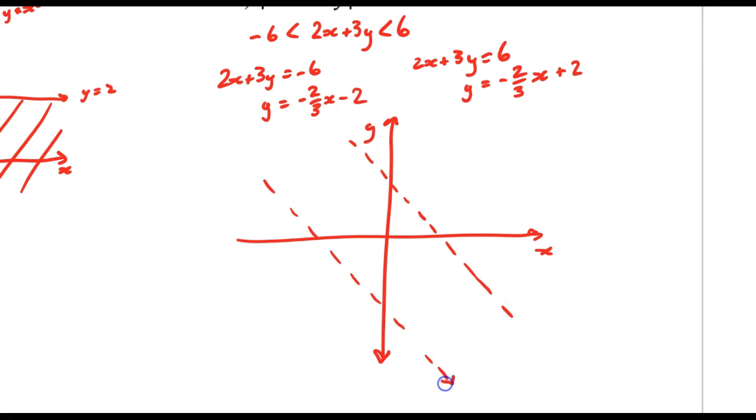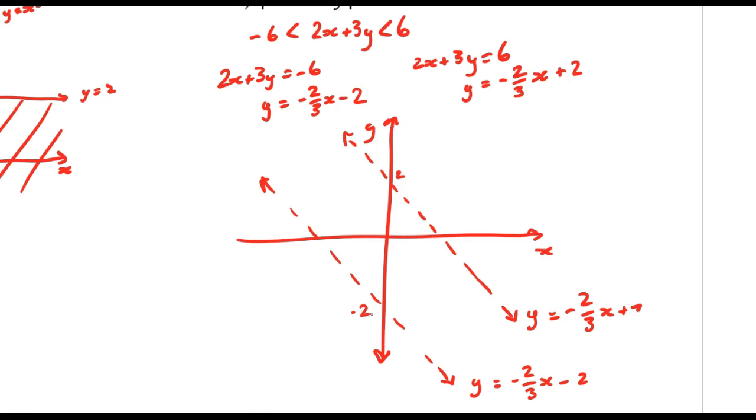Same gradient, different intercept. So this one here is y equals negative 2 over 3x plus 2, there is 2, and y equals negative 2 over 3x minus 2, so it's minus 2 there.